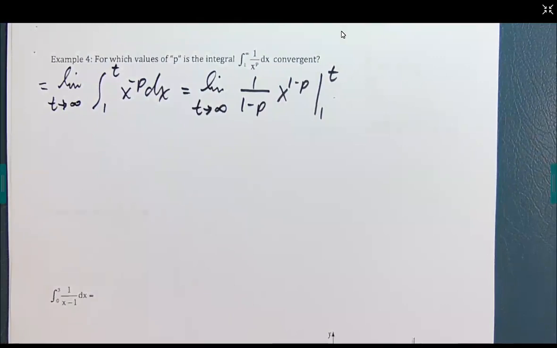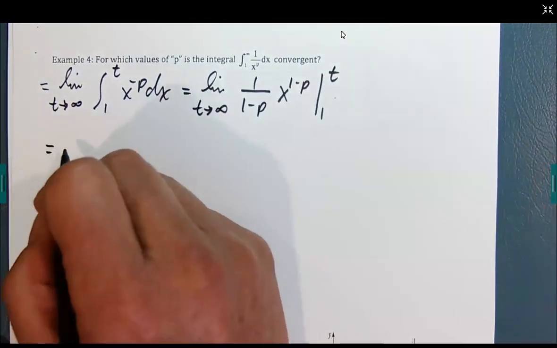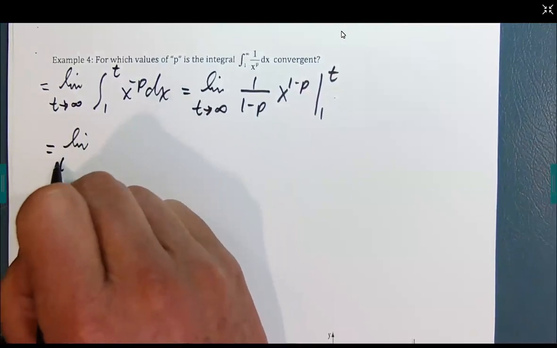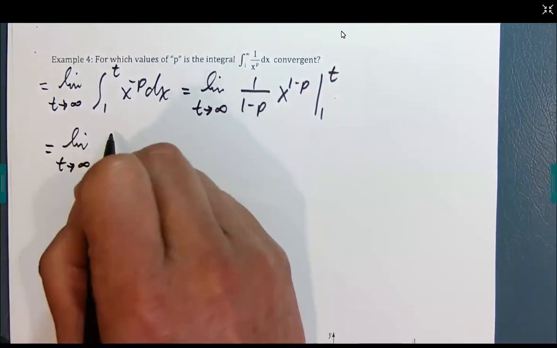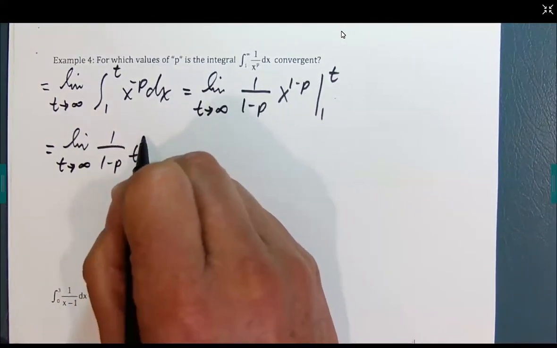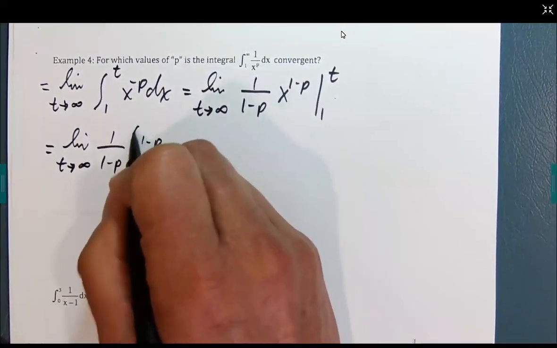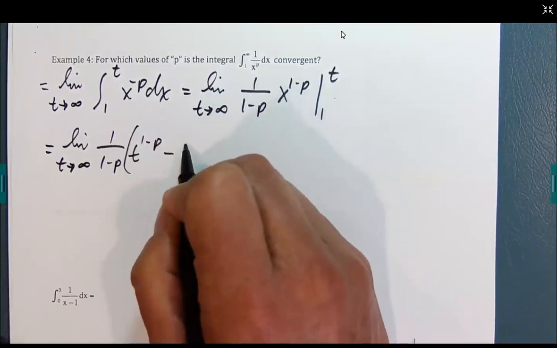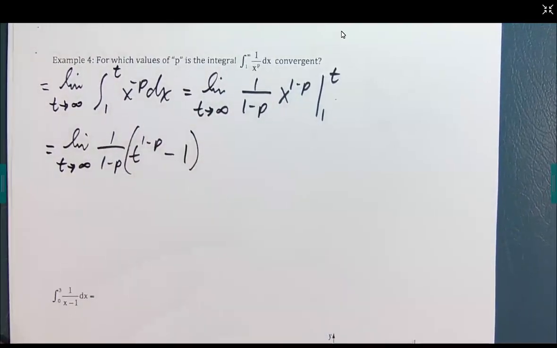There are 3 letters here: there's an x, there's a t, and there's a p. p is a constant, it's a specific number. And we're going to drop this into here. And 1 to any power is always 1.